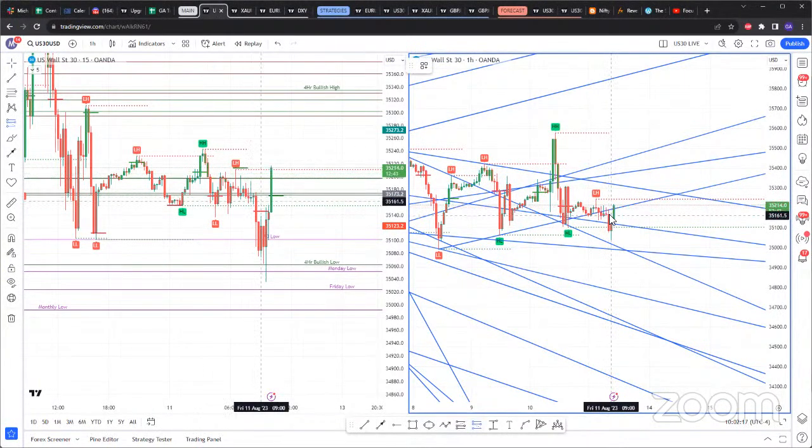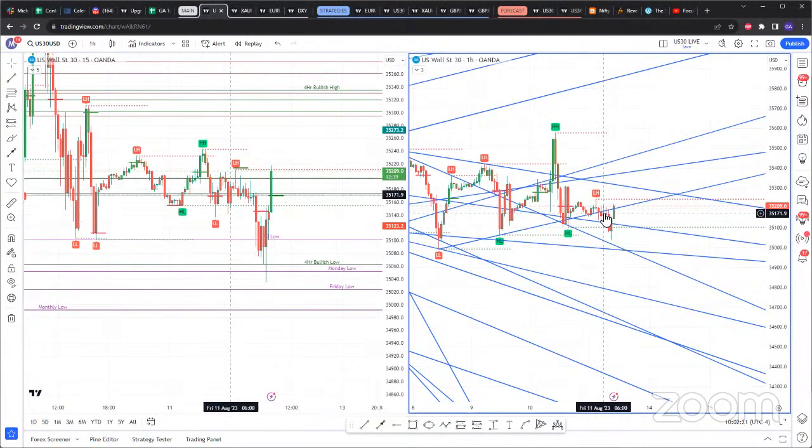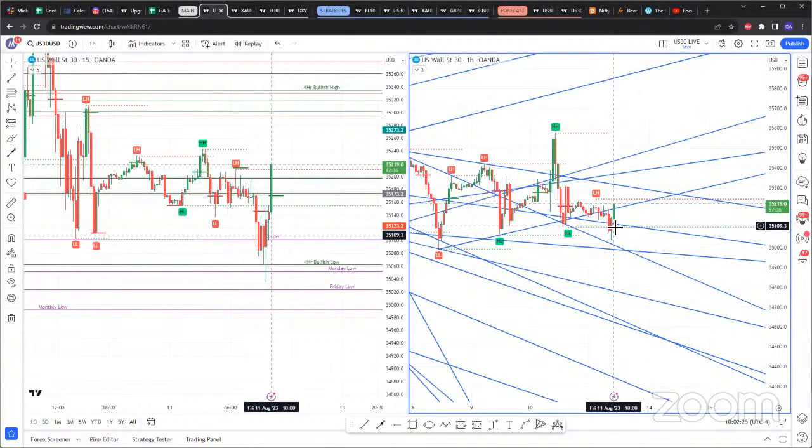So US30 had already broken below this static trend line right here, and retested and had started trending down. So the days I love are the days when my hourly trend lines are matching with the daily bias. Yesterday, my hourly trend lines were telling us to buy. The daily bias was telling us to sell. The previous day, when we caught those huge sells on everything, the trend lines were telling us to sell, and the daily was also telling us to sell.